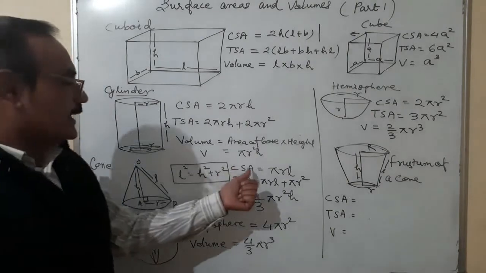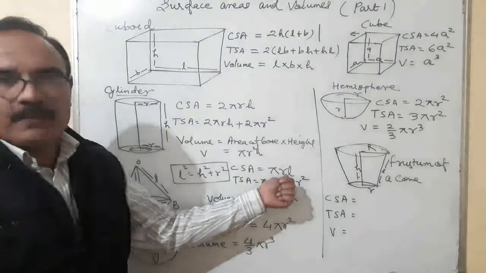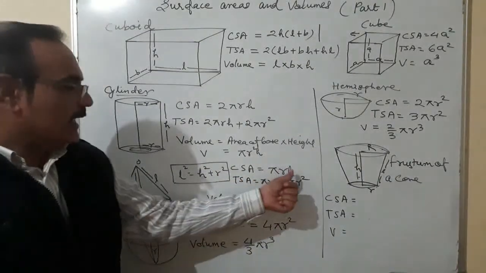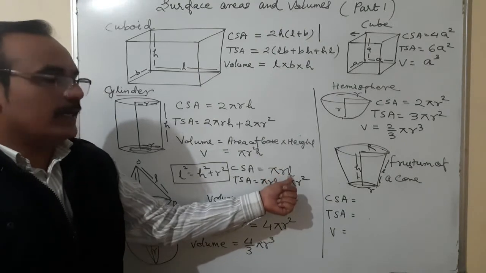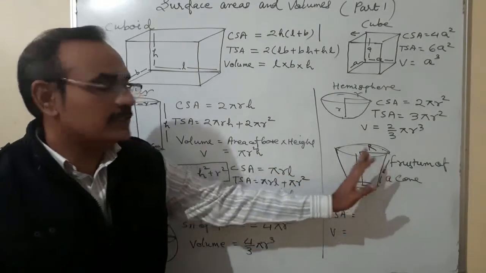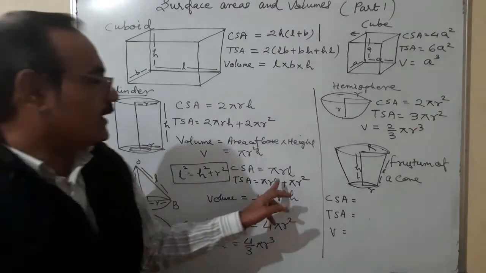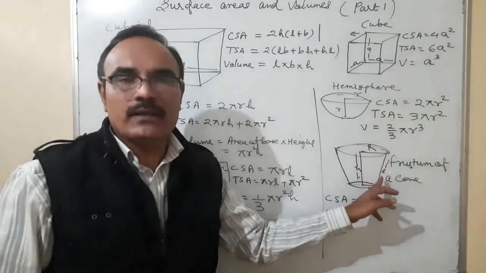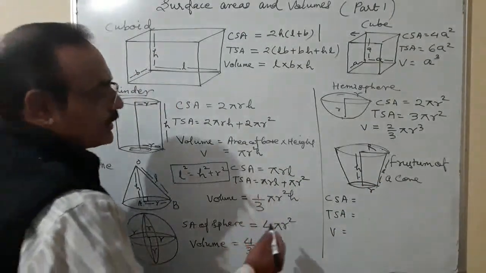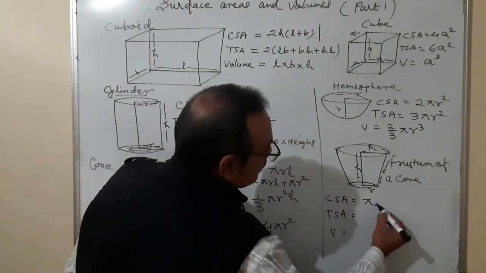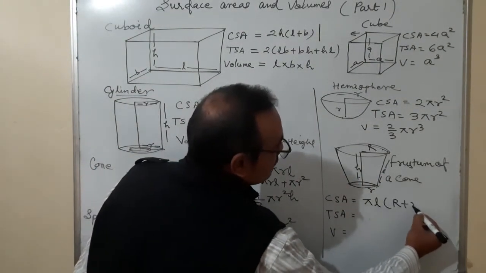CSA, look here, it is pi r L. Pi as it is, L as it is, there is no change in pi and L. For the radius, there is a single radius in the cone, but here instead of one r there are two radii. So I can write the formula: pi L (R plus r).